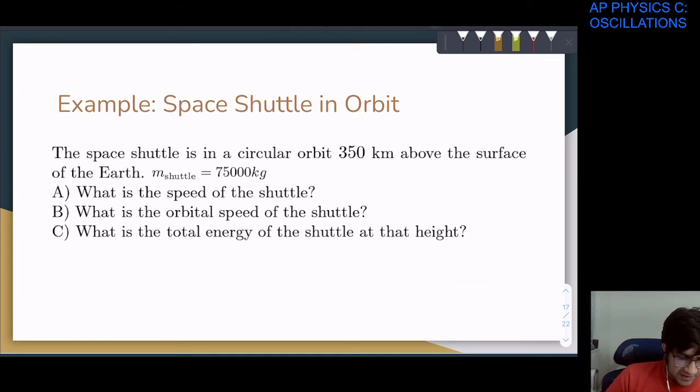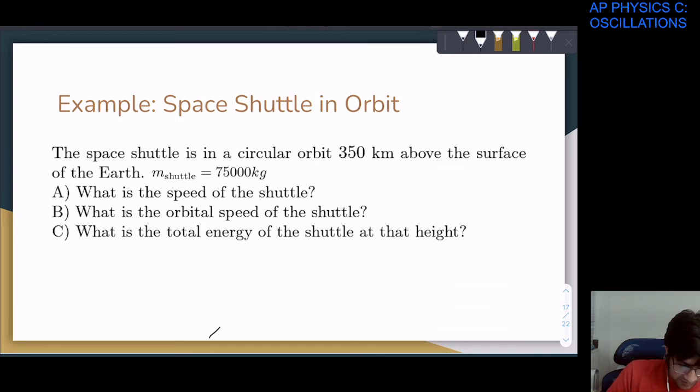All right, so a space shuttle is in a circular orbit 350 kilometers above the surface of the Earth, and the mass of the shuttle is given by this value here. So we're being asked, what is the speed of the shuttle? Part A, what is the speed? So, okay, let's think about it.